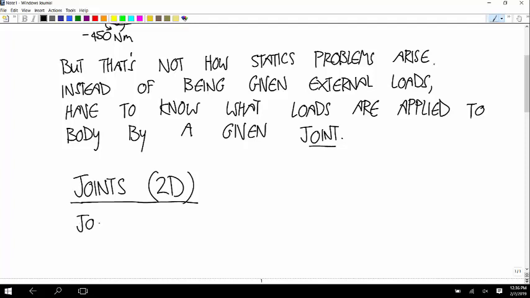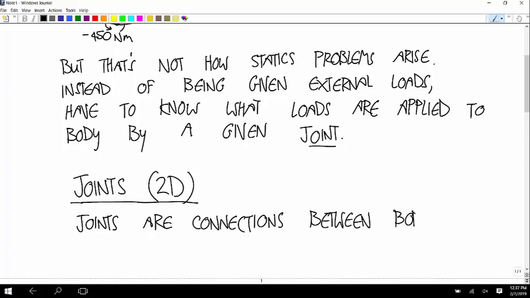And joints are connections between bodies. And all they do is limit the ability of one object to move relative to another one.